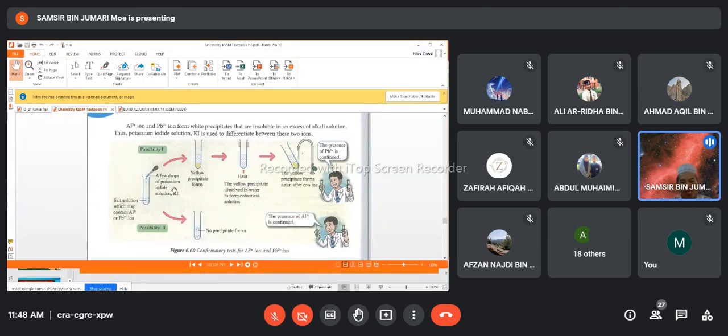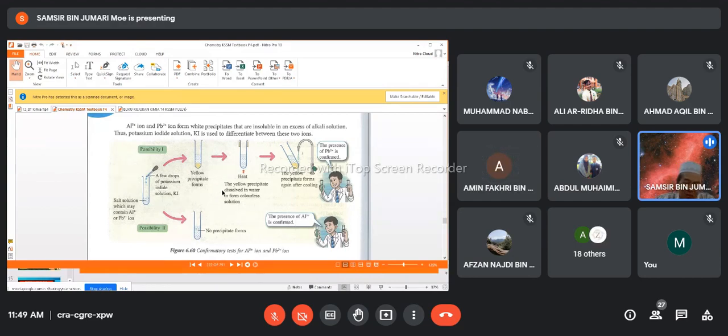Kalau kita gantikan potassium iodide solution ini dengan sodium chloride ataupun potassium chloride, maka siapa yang akan membentuk mendakan putih kat sini? Which one will produce the precipitate? Aluminium ion or lead(II) ion? Lead(II) ion, of course.